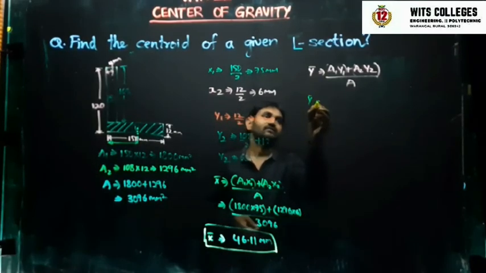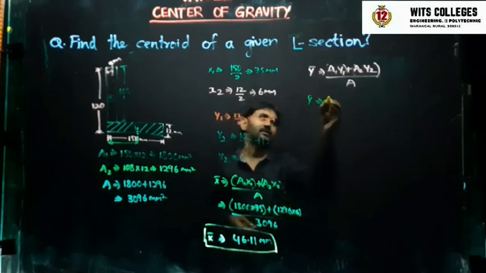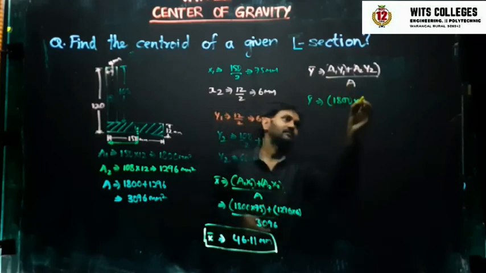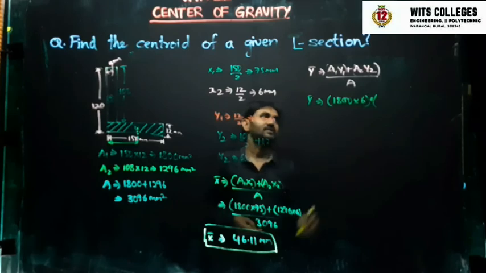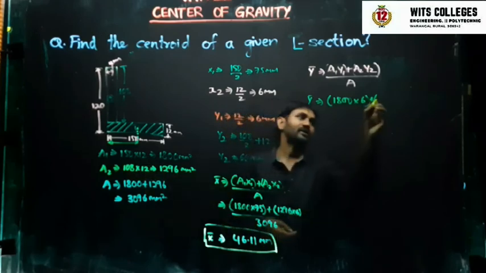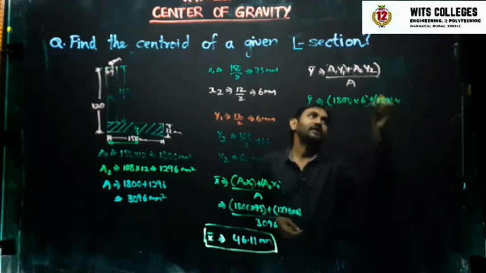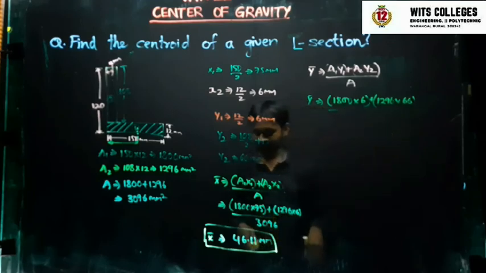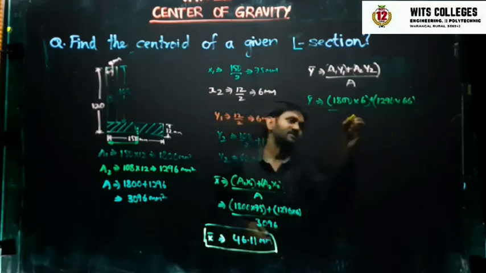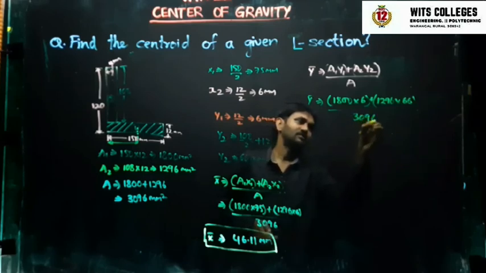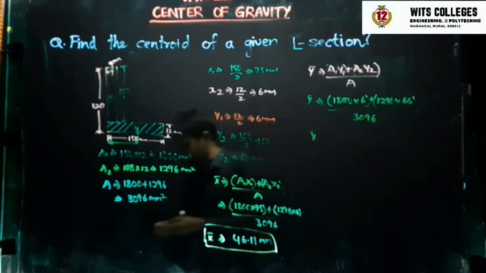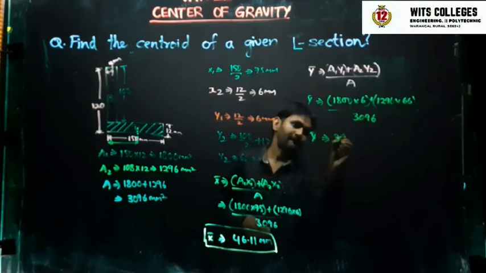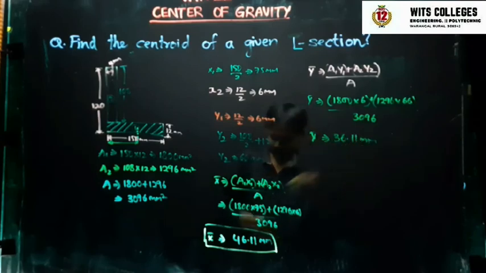A1 is again 1800, so 1800 into y1, which is 6 mm, plus A2, which is 1296, into y2, which is 66 mm, divided by capital A, 3096. Therefore, y bar equal to 36.11 mm.